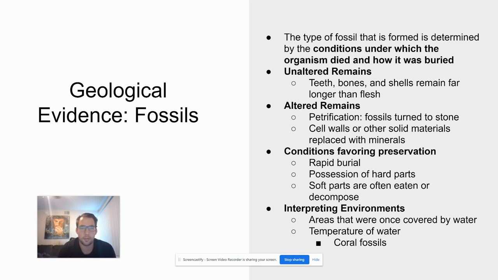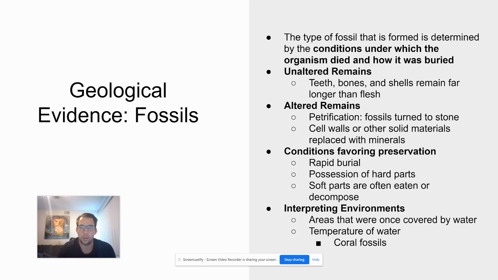And conditions that favor fossils: rapid burial. If something is buried really quickly, it tends to fossilize a lot better than something that is out and open to the elements. If it has a lot of hard parts, like a shell, it's going to fossilize a lot easier.